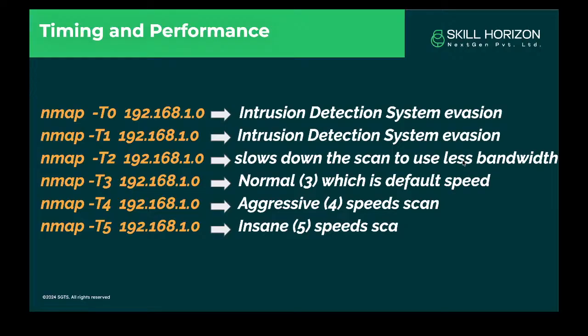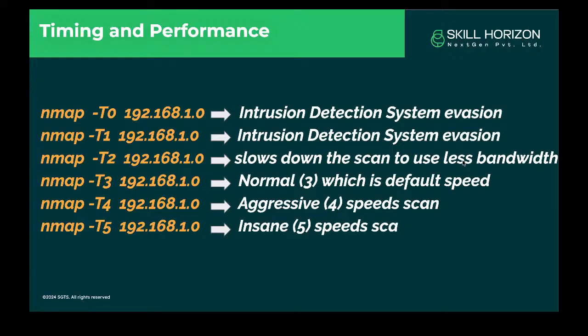If you want to slow down your scan, then you can use 0, 1, 2. Or if you want insane speed, then you can use 4 or 5. T4 or T5 is used whenever you have a large network that can handle a large volume of traffic. Otherwise the normal scan will be used with T3, and this is also the default speed, so we will not use that flag.